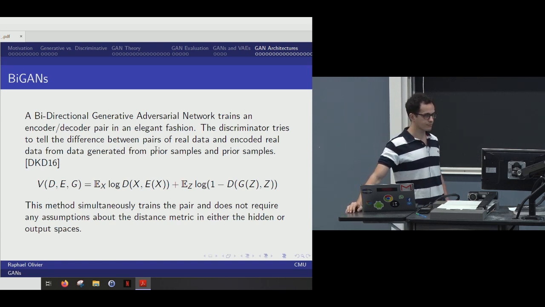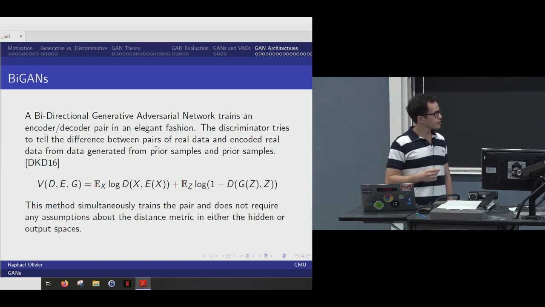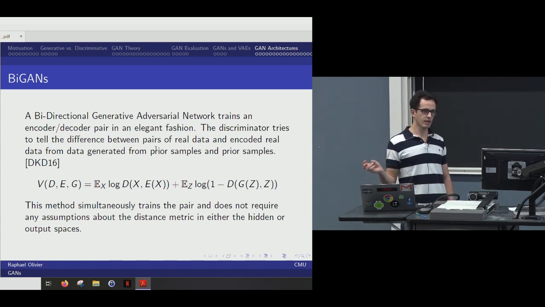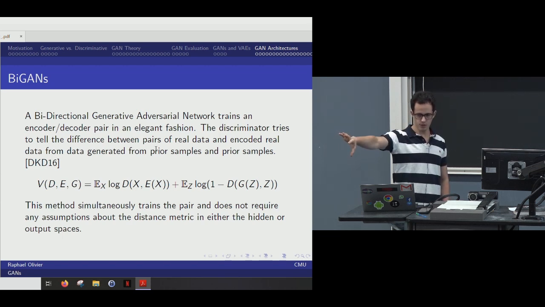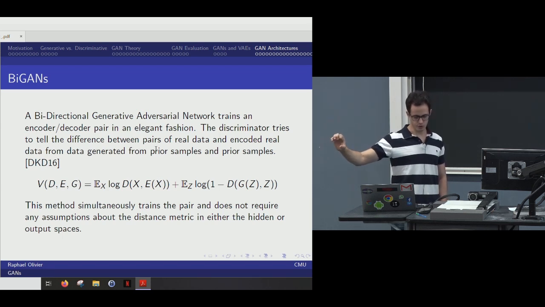So the BiGANs, or bidirectional GANs, are again addressing the problem of the lack of an encoder in GANs in a pretty smart way. What's going to happen is that you've got two networks. You've got the generator that takes a latent representation and tries to associate that with images. And you've got an encoder that takes images and associates them with a latent representation.